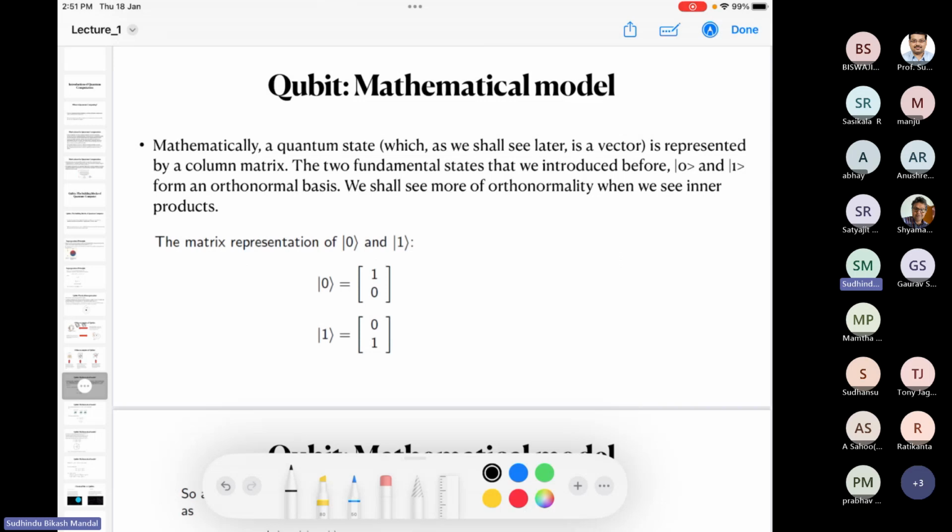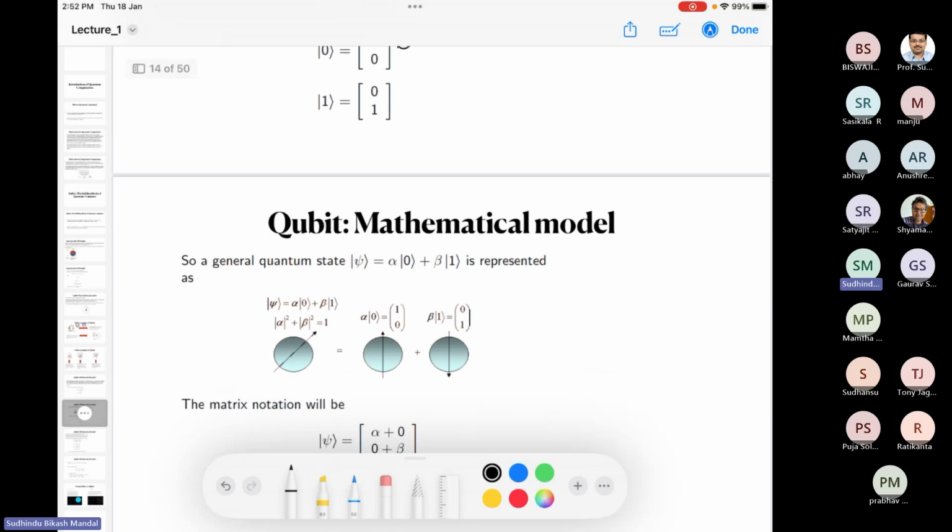From your quantum mechanics lecture, you know what a Hilbert space is and how to represent any component in Hilbert space mathematically. A qubit can be written in ket notation or bra notation, and every ket vector can be written in a column matrix representation. That's why the 0 qubit is represented here as 1 0 and the 1 qubit is 0 1.